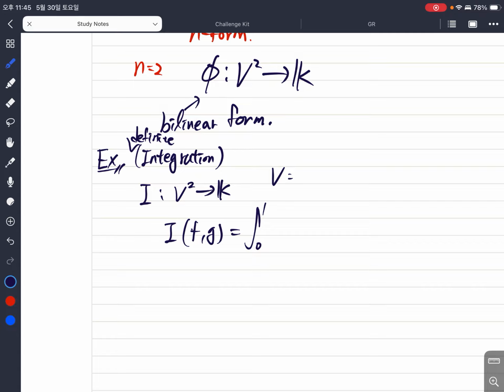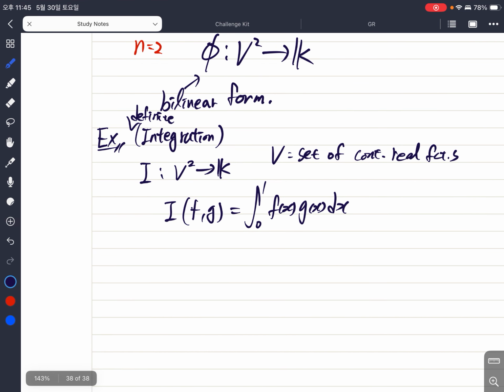V is the set of continuous linear functions, and I of f, g is the integral of fx, gx dx. This is an example of a bilinear form. You get two vectors and get a number, and addition and multiplication in each slot carry over to the target.